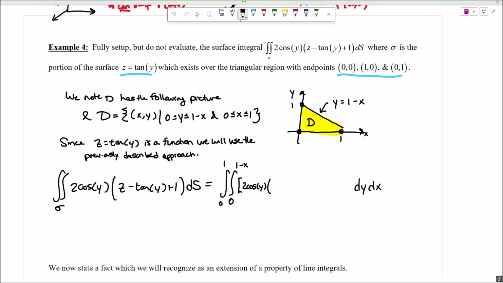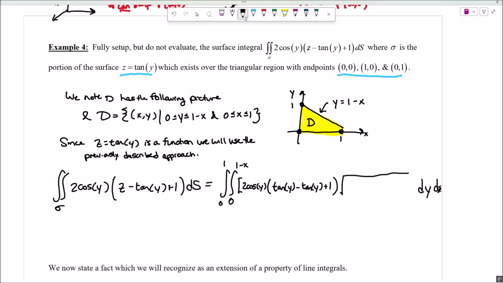So I could just replace what z is the same as. I'll put in that tangent of y. Perfect. And then the only other thing that I need to make space for at the back is this big radical. Remember that, need to get some space in there for my dx.